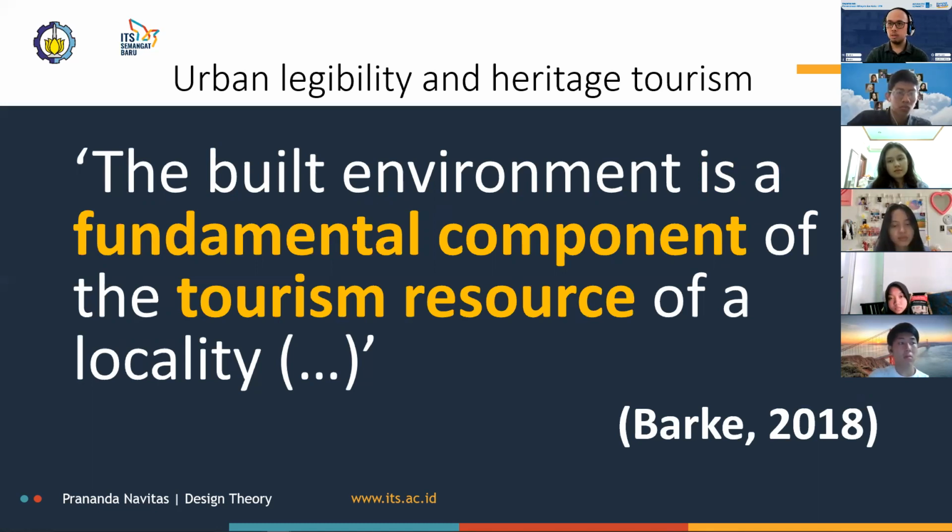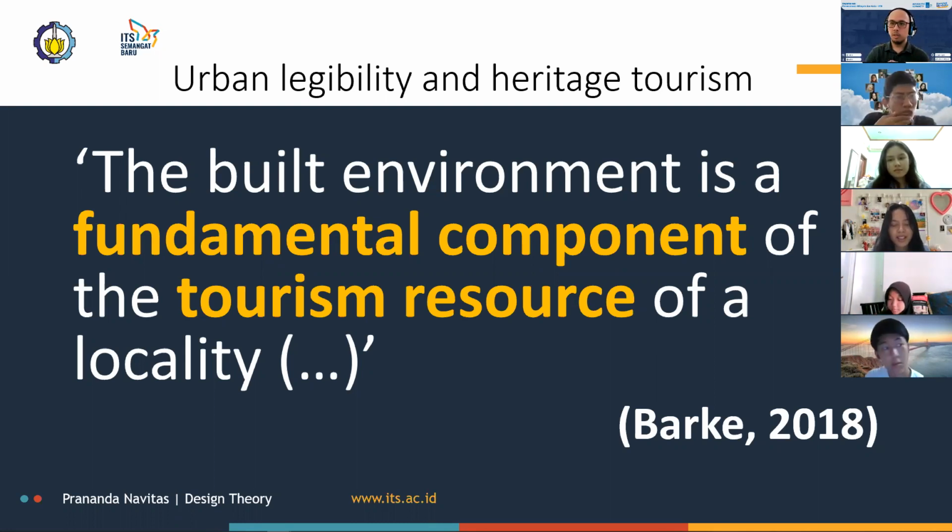Of course, if you see old buildings or old monuments, not only because they're old, but because of their historic significance, or a place of great historic significance, then that is definitely a tourism resource. And again, it is a very physical, very tangible thing.